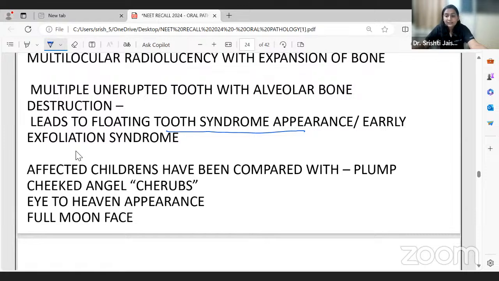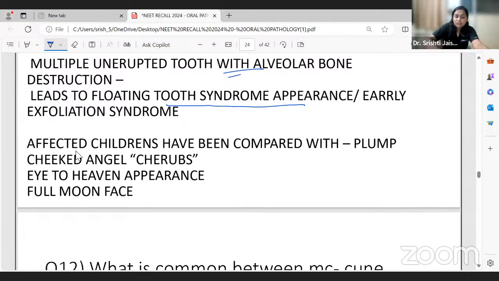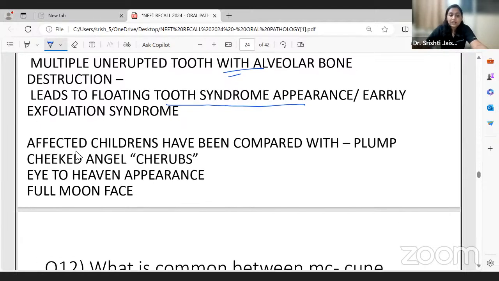Now, as we know that there is an extensive alveolar bone destruction, the tooth which is present looks like it is floating. That is why it is called as floating tooth syndrome appearance or early exfoliation syndrome because of alveolar bone destruction. And the child looks like a plum-cheeked angel, cherub's eye to heaven appearance or full moon face. Okay.